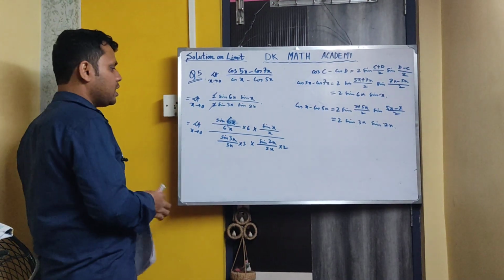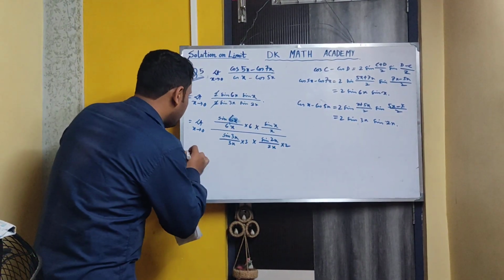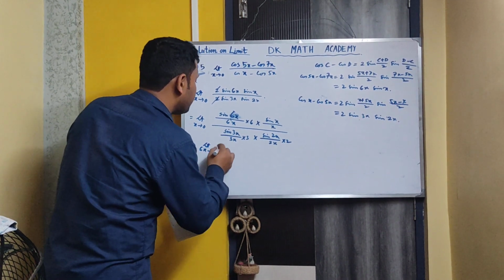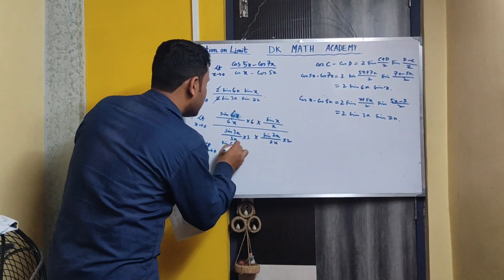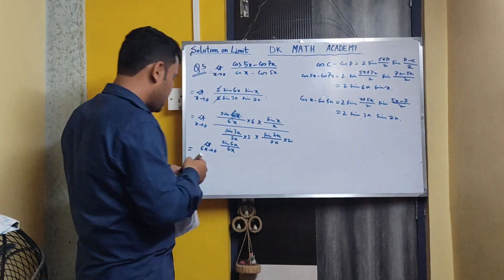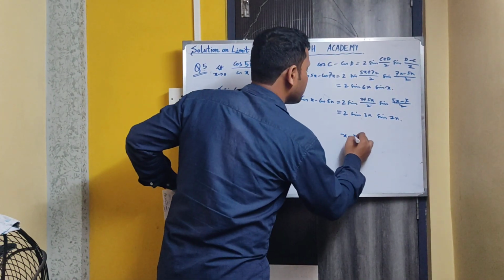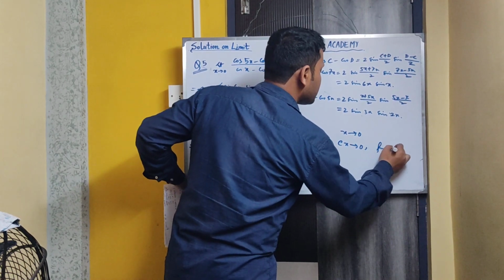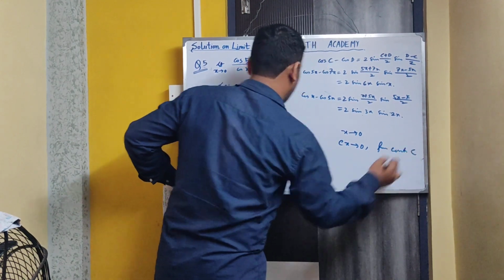We have adjusted here. Now limit 6x tends to 0, sin 6x by 6x, because x tends to 0 means cx also tends to 0 for some constant c.